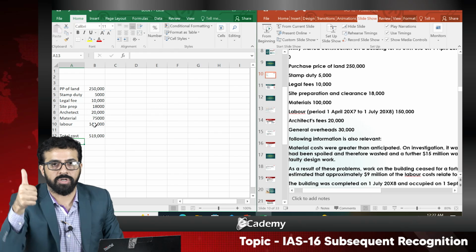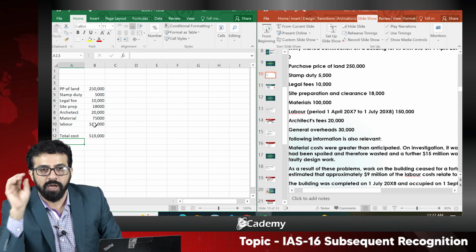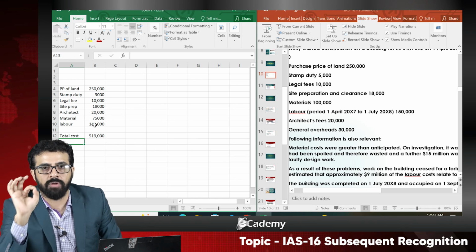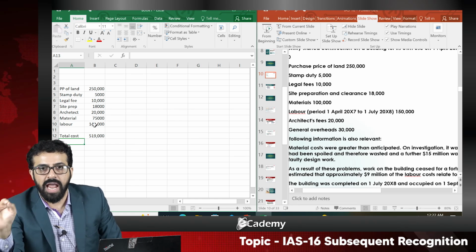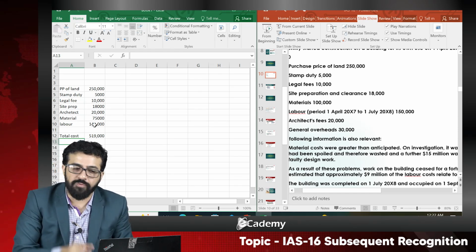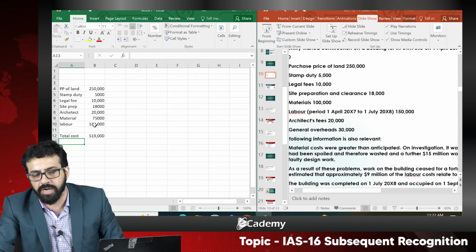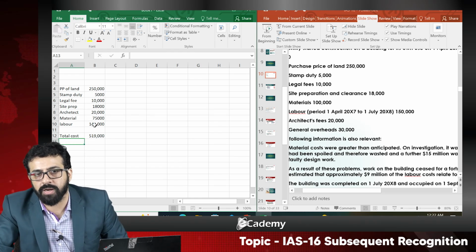The 30,000 general overheads, the 9,000 labor, and the 25,000 relating to the material. We have excluded 64,000 as irrelevant, and we will pass the double entry, that is the asset debit by 5,19,000 and the cash or the liability credit by the amount of 5,19,000.